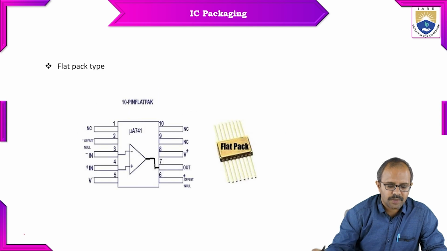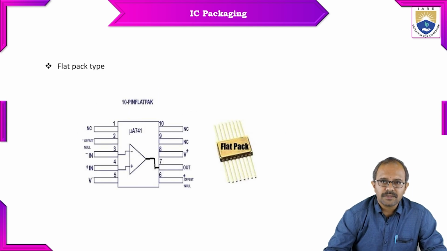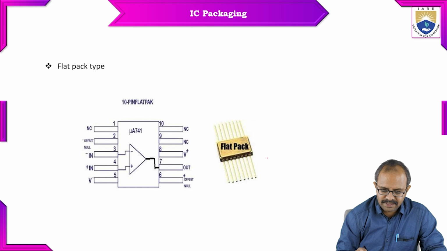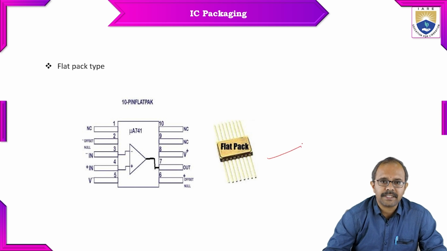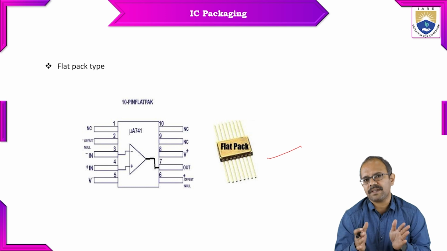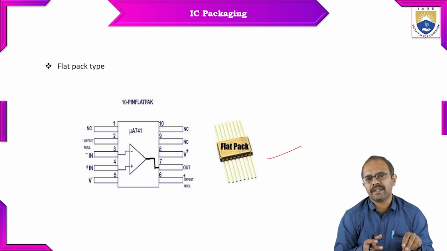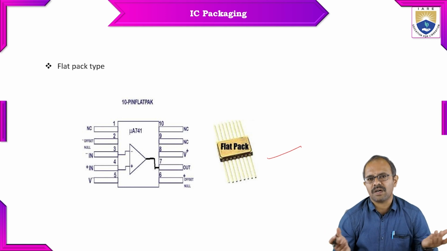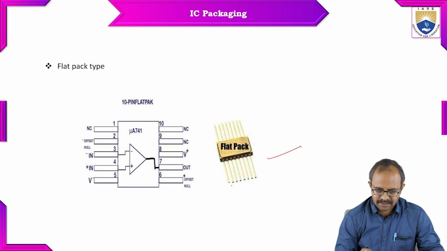And the third one is the flat pack type. Here, this is the example for a flat pack type IC. All the components are integrated on a flat pack, and unlike the dual inline package, the DIP package, you can see the terminals coming out horizontally, expanded horizontally. Again, how many pins are there here?